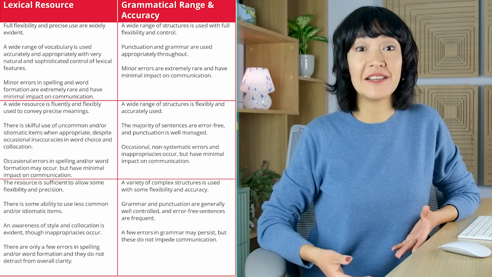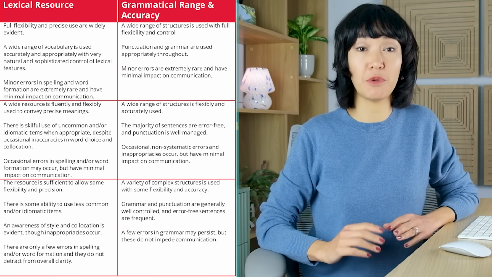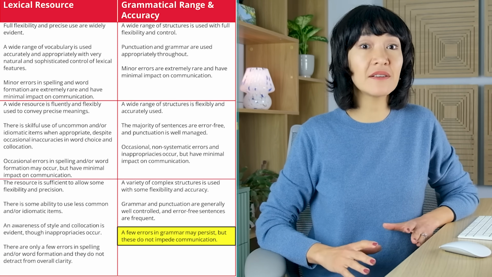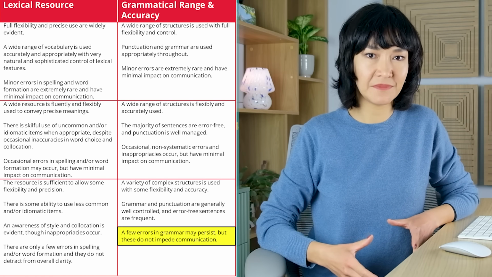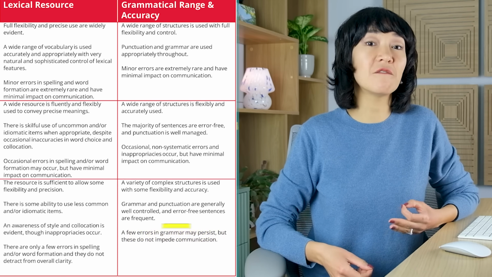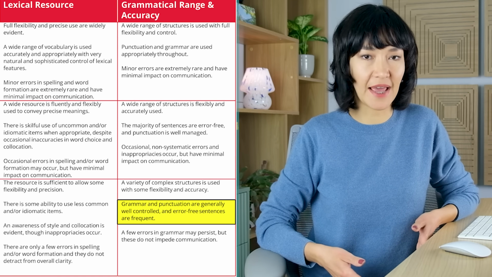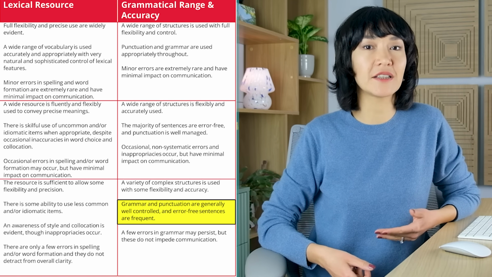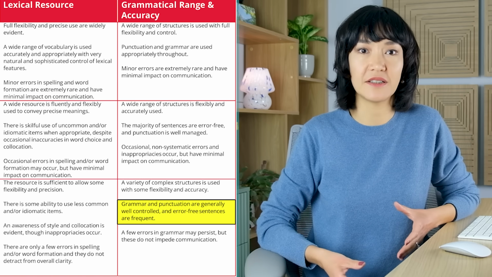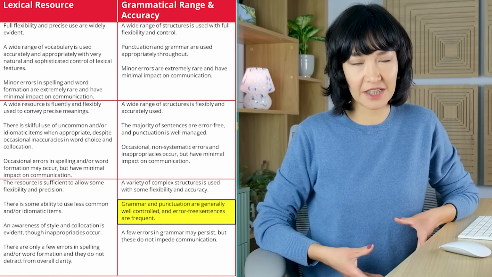As for your grammar, nobody expects that your grammar is going to be perfect. A few errors is absolutely fine. But try to write error-free sentences as often as you can, which means avoid extra long and extra complex sentences where you're likely to make mistakes.